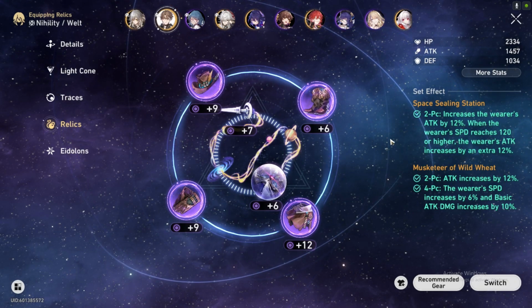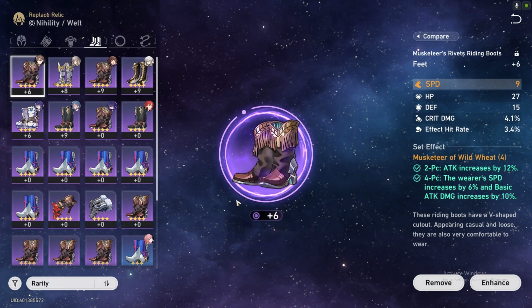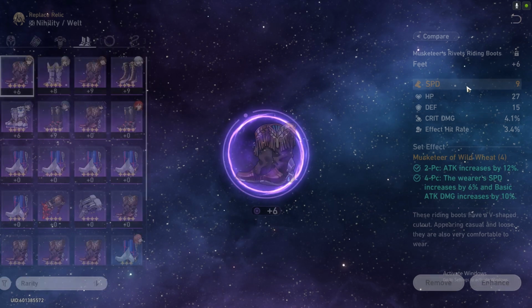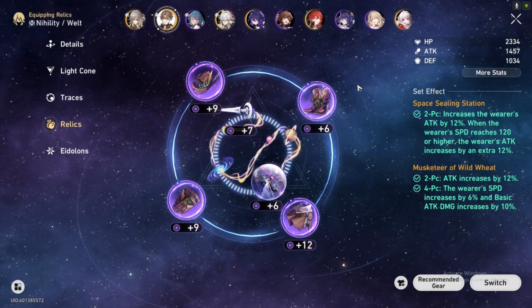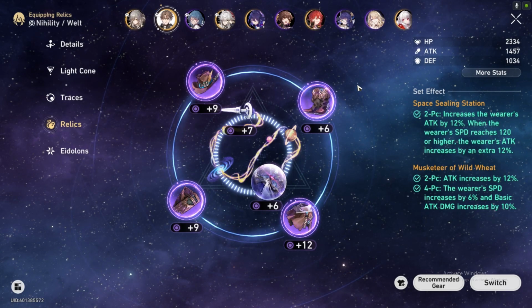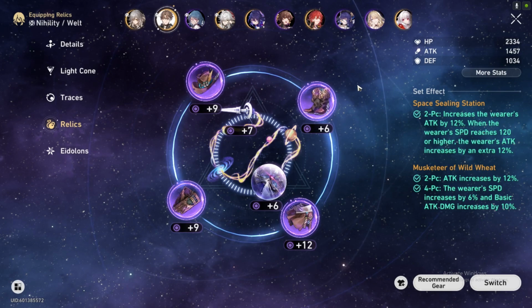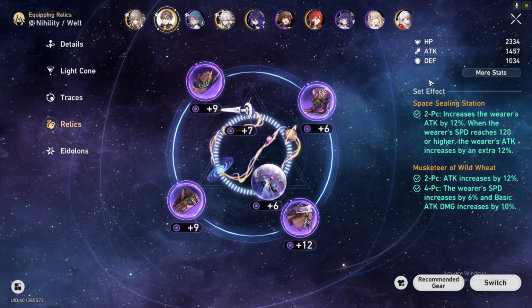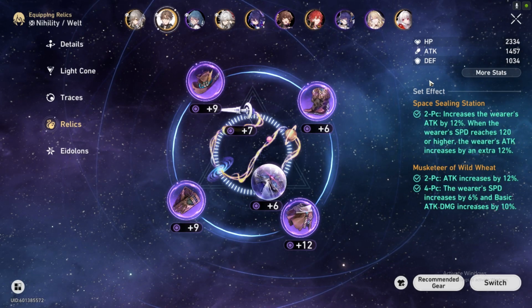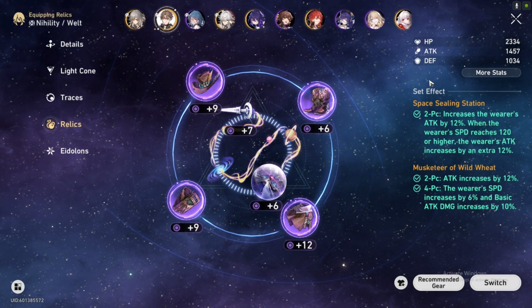And there are other stats like speed that are a lot more important for nihility characters, because more speed means more turns, and that means you can apply your debuffs more often. So you should prioritize other stats rather than going all in on effect hit rate.